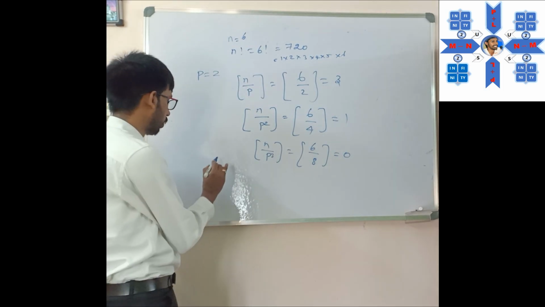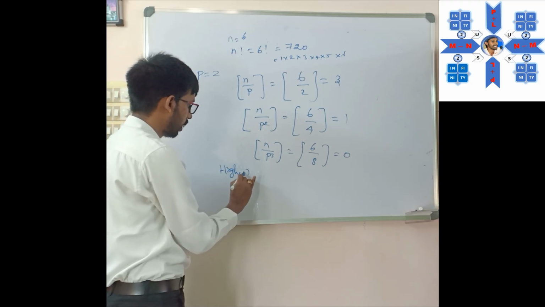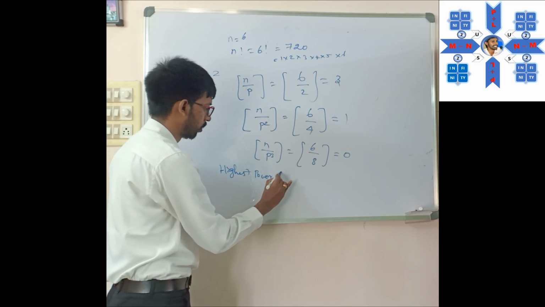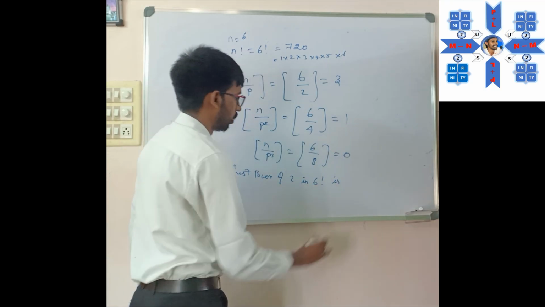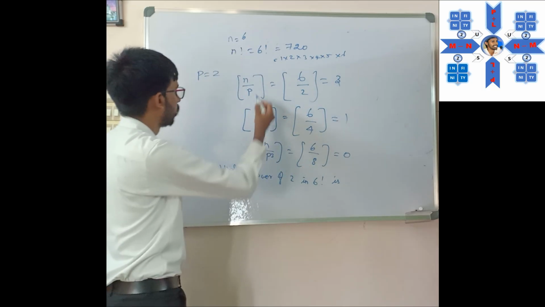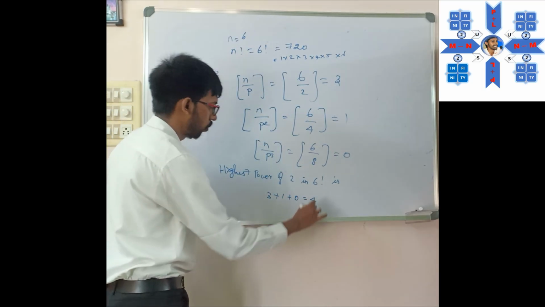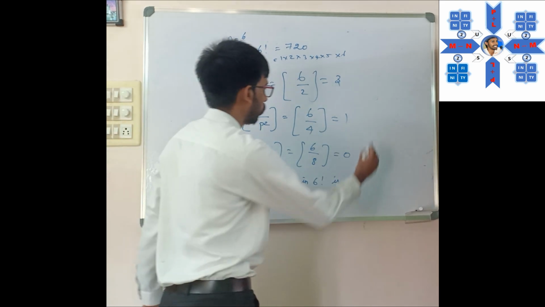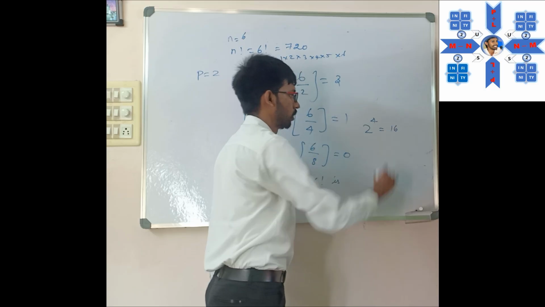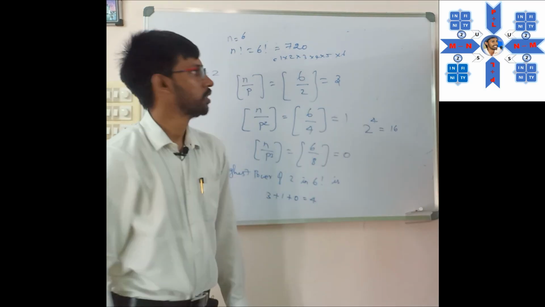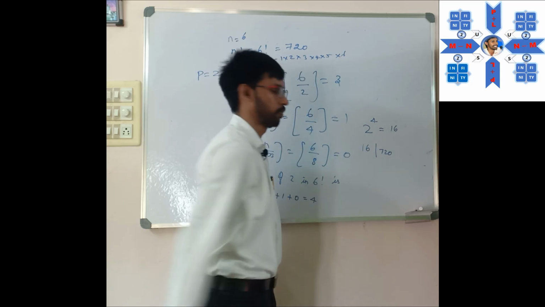So now the highest power of 2 in 6 factorial is 3 plus 1 plus 0, equal to 4. What is 2 power 4? That is 16, and obviously 16 divides 720.